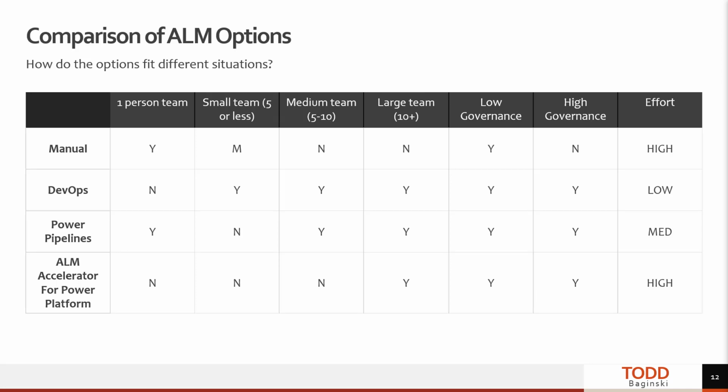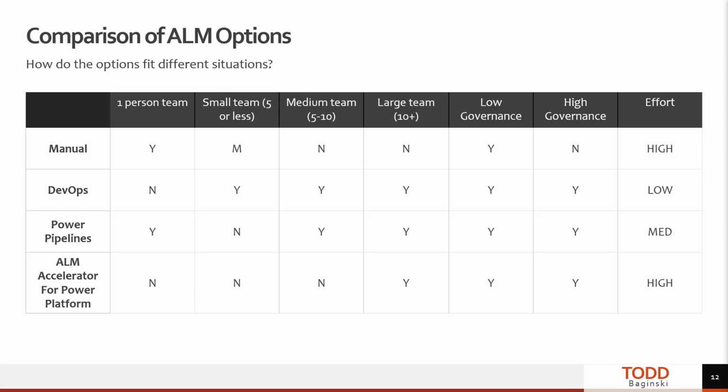Here I broke it down into some common factors that I see considered as we help people with ALM. The first one we find out a lot of times is, what's the size of your team? Depending on the size of your team, how much you're developing on Power Platform, and what your cadence is, different solutions or approaches make more sense than others.